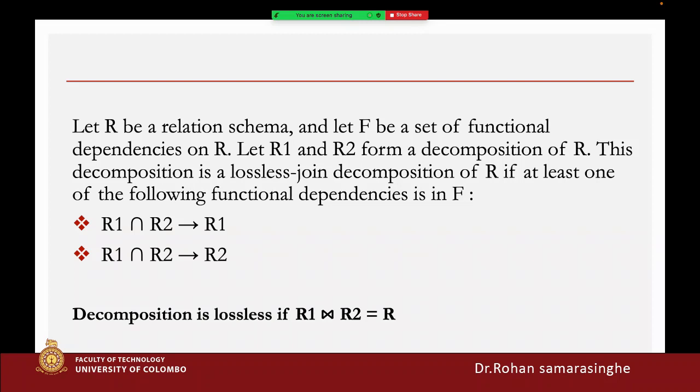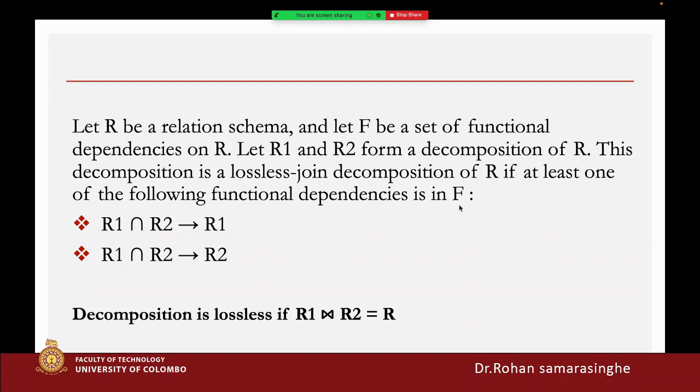Then R1 union R2 must be R. So this decomposition is a lossless join decomposition of R if at least one of the following functional dependencies is in F: R1 intersection R2 implies R1, or R1 intersection R2 implies R2.